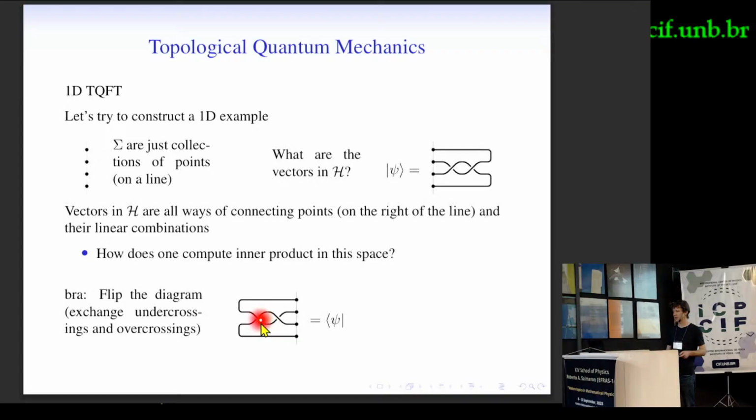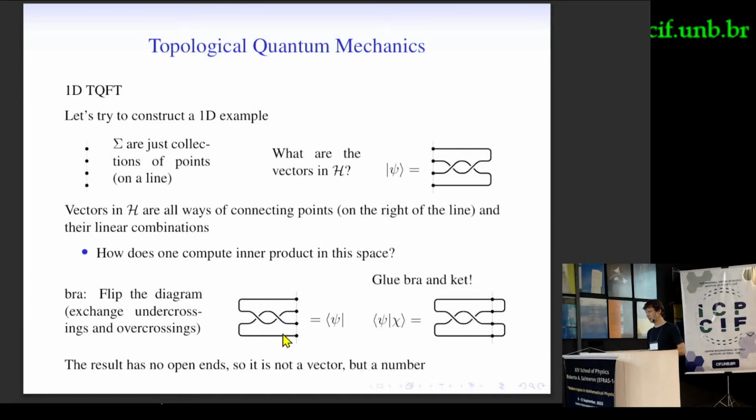Mirror reflection changes overcrossings and undercrossings, and it will also change the order of operations in time. So for the scalar product, I can take two states, and if they're in the same Hilbert space, which means they correspond to the same number of points, I can just glue the two states along these points.